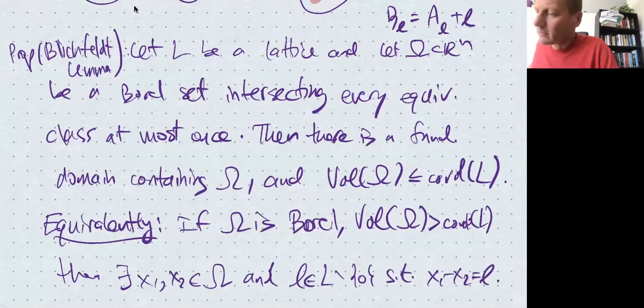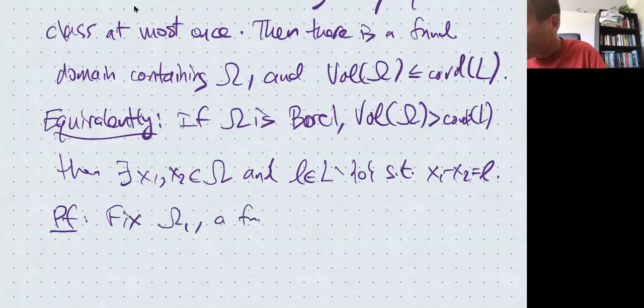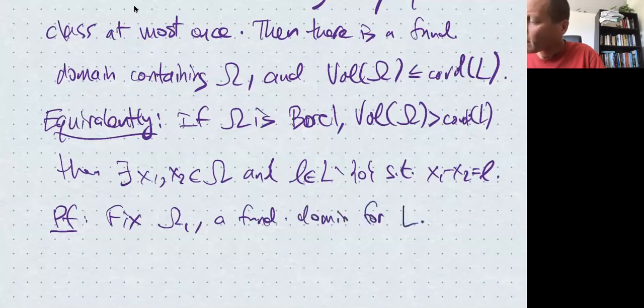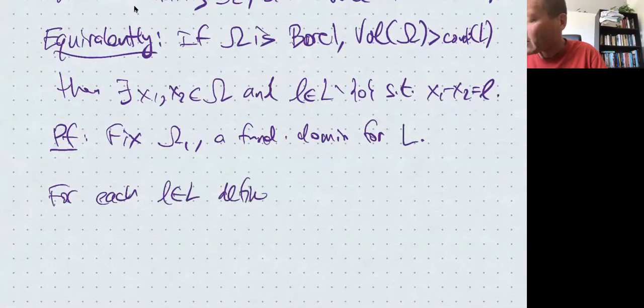Okay. Let's prove the proposition. It's basically the same proof. So fix a fundamental domain omega 1 for L. For each l in L, define A_l exactly as I defined before for omega 2.